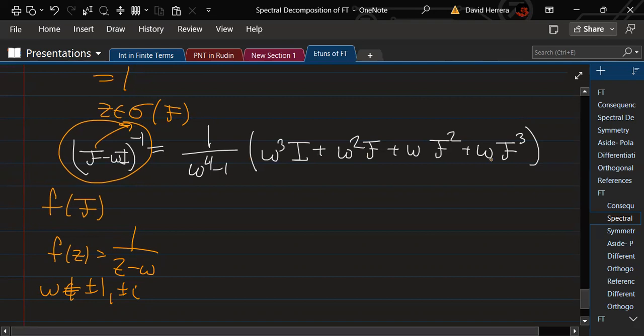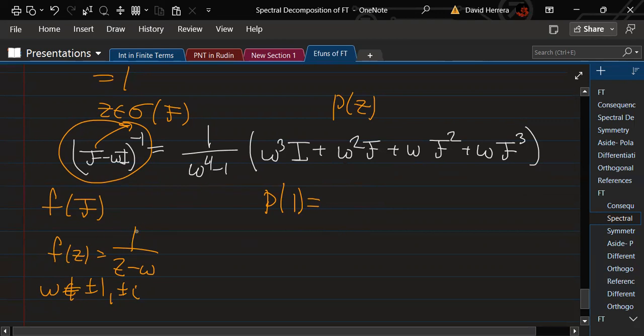Now, this right here is a polynomial function in z. And what do I need? I need p of 1 to be, there's an omega here, so if omega is fixed, omega is not equal to one of these.